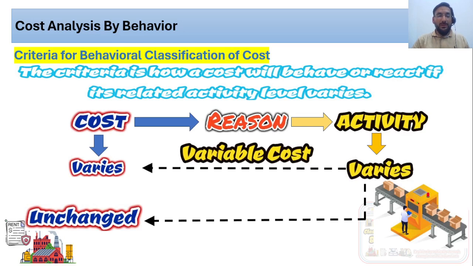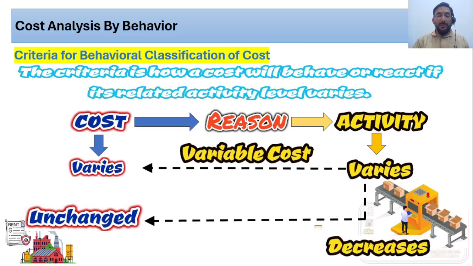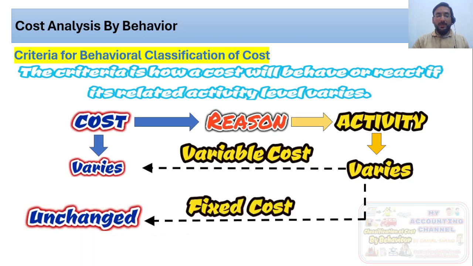If the production increases, the rent of the factory will not increase. And if the production decreases from a certain level, again the rent of the factory will not decrease. You have to pay the same rent you have contracted with the owner of the factory. Such a cost that does not vary with the level of activity is called fixed cost.